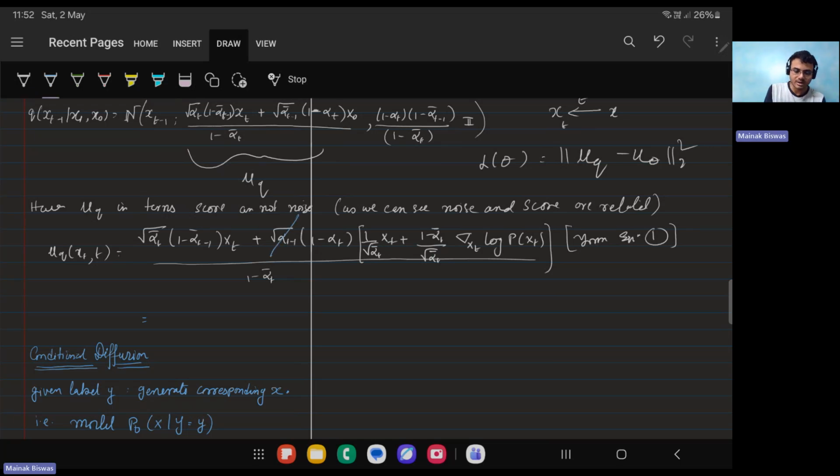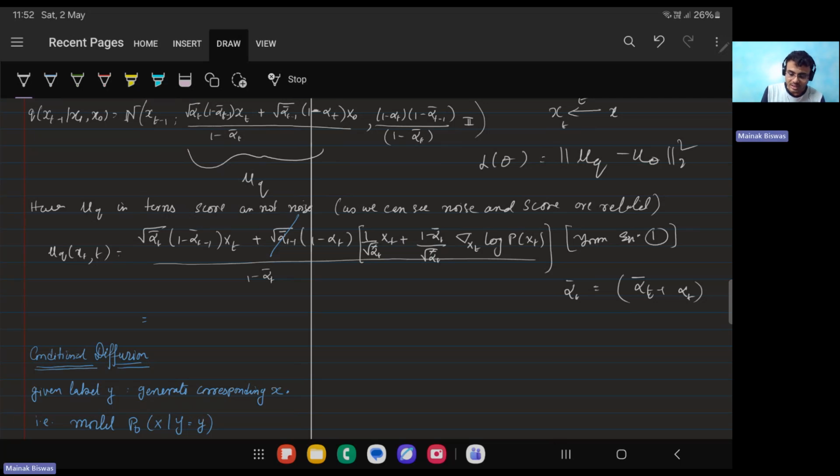This is alpha t bar. And I can cancel the bar in the denominator because we have shown that alpha t bar is the product of alpha t minus 1 bar into alpha t. We know that, because the bars are the cumulative products.